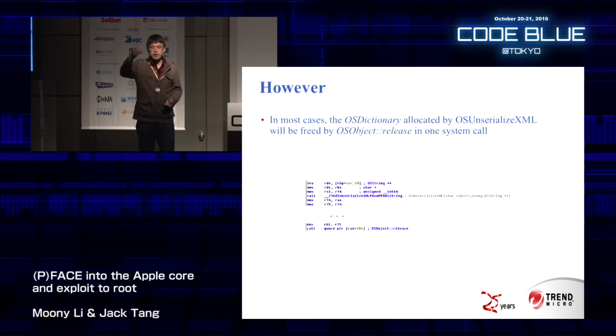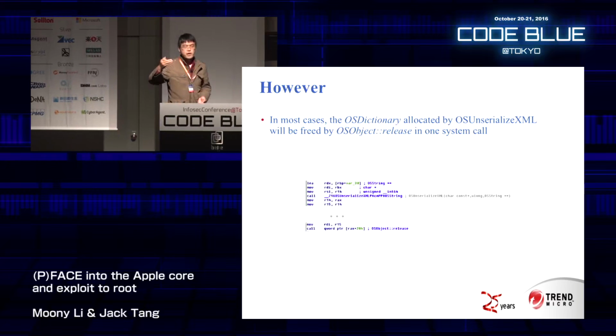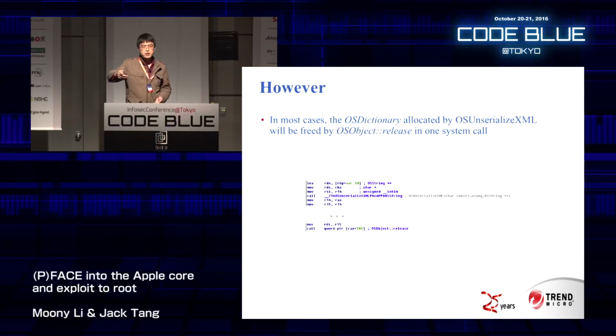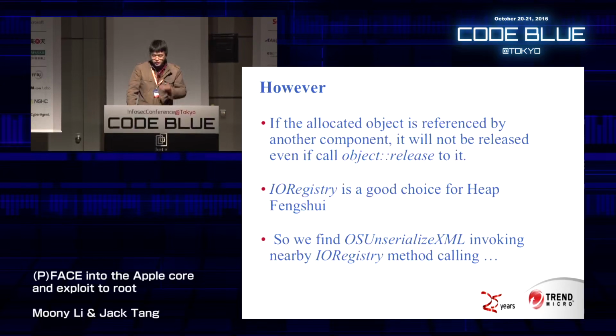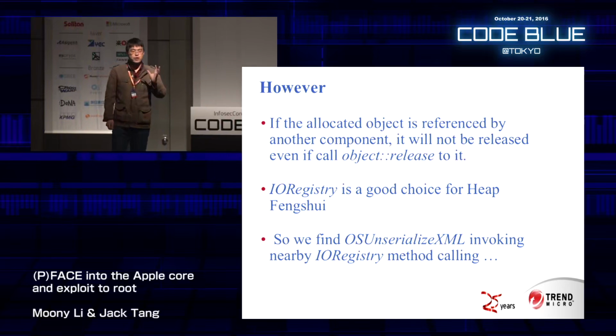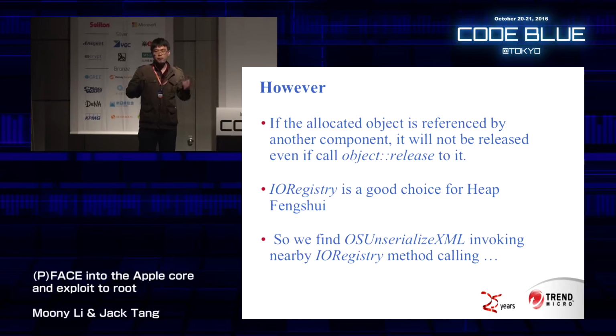So in most cases, if you call the wrapper API of OSUnserialize, it would allocate the buffer first and then release it. So there is no effect. So we must find a wrapper API which would just allocate a kernel buffer in kernel mode, but would not free the buffer in this cycle of API call.